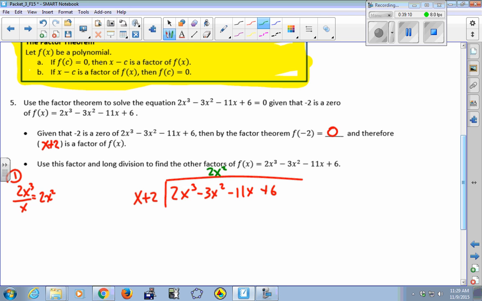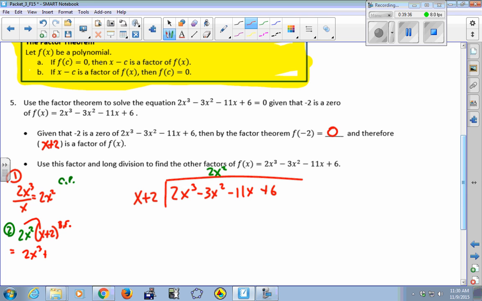Now what do I do? Someone other than Carlton. You're turned off, Carlton. CP's done. Ben? Right, I multiply it by my divisor, and what does that give me, Ben? Yep.